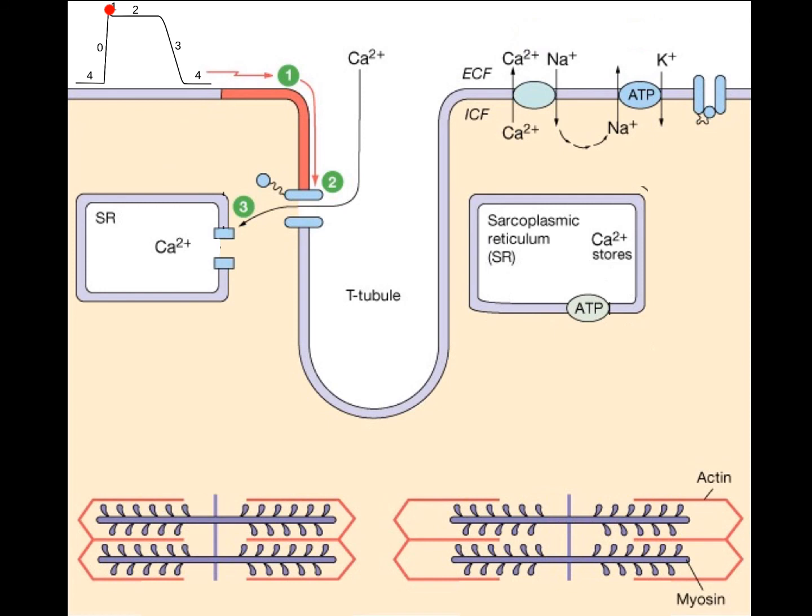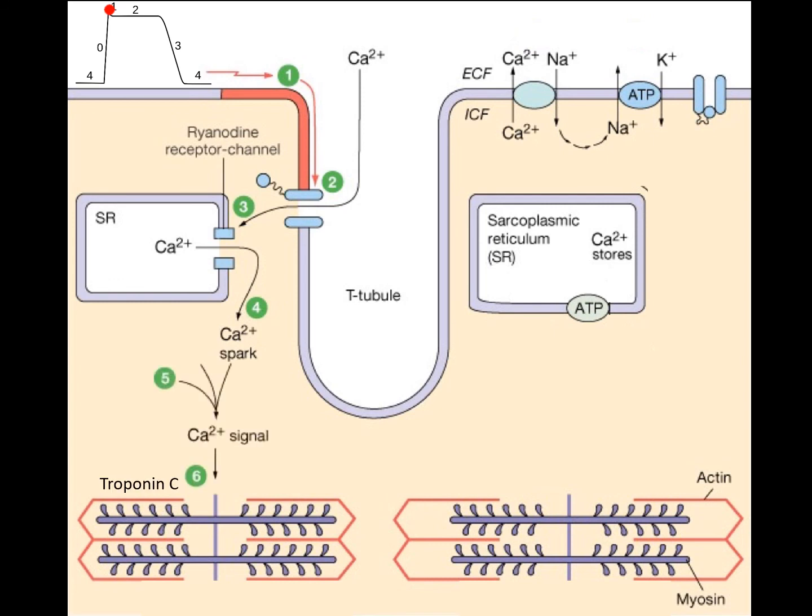Now this calcium which has entered the myocyte binds to ryanodine receptors present on the sarcoplasmic reticulum, and this binding opens up the calcium channel on the sarcoplasmic reticulum, and a lot of intracellular calcium ions are released into the myocyte. Now this increases calcium concentration drastically in the myocyte, and it signals to troponin C proteins present on the actin fiber.